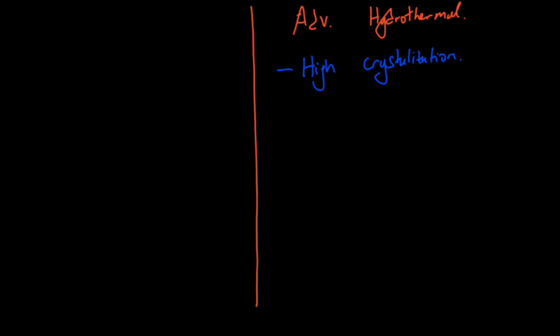And this synthesis allows control over morphology by adjusting temperature, pressure, and solvent polarity. So we can control the morphology. The disadvantage of this hydrothermal or solvothermal method is that it is not ideal for large scale production.